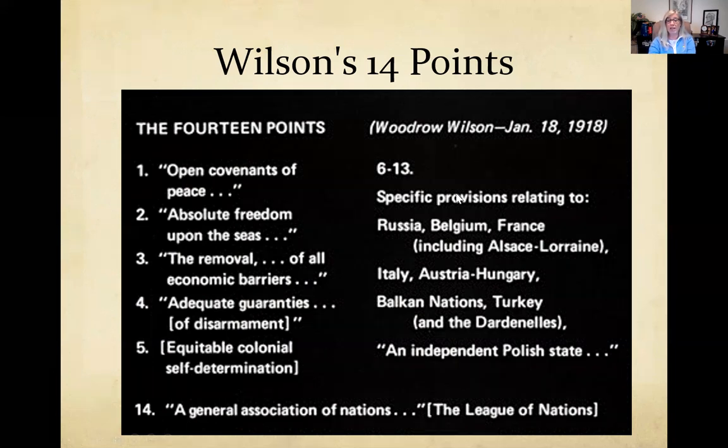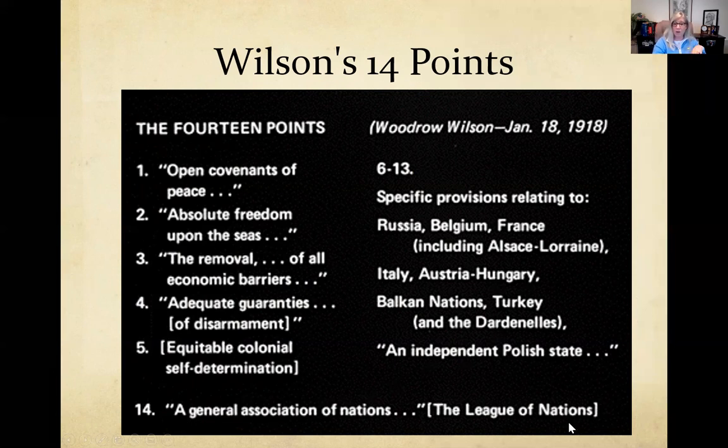Then in points 6 through 13, he talks about specific boundaries of countries and who gets what. And then the last one is probably the key here, where he wants a general association of nations, which is going to be the League of Nations.